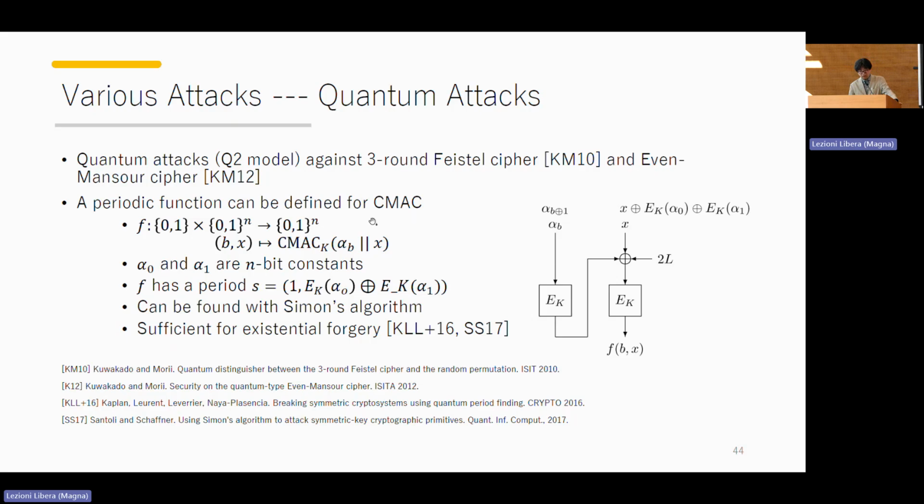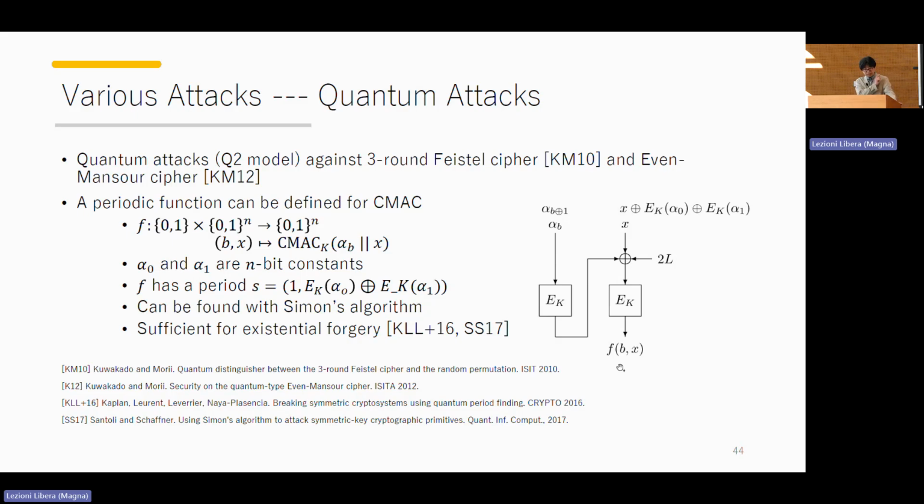And a periodic function can be defined for CMAC. So the function is from n plus 1 bits to n bits, and it maps b and x into CMAC k of alpha b and x, where alpha 0 and alpha 1 are n-bit constants. So here we have alpha b in the very first block, followed by x, and this gives us the output of the function.